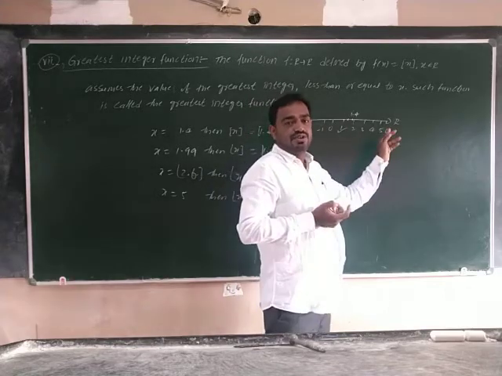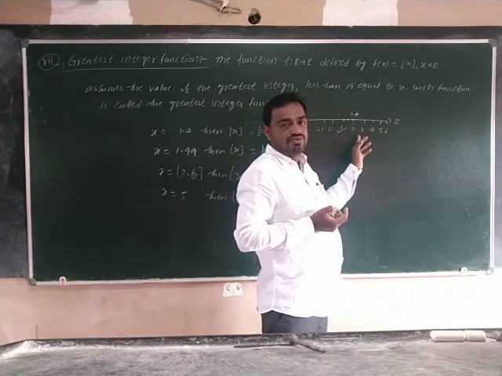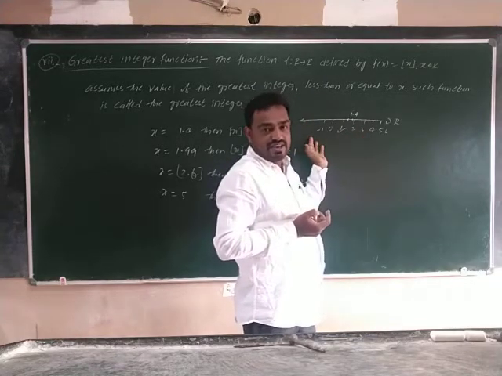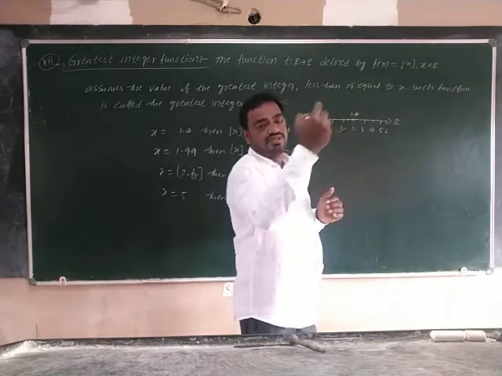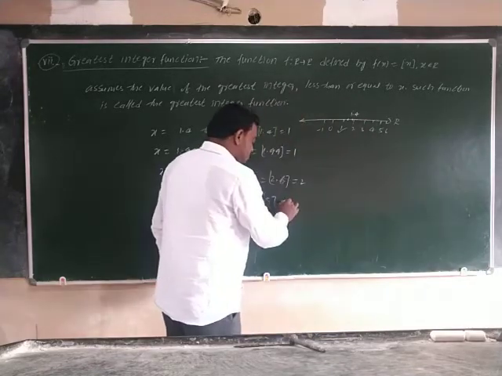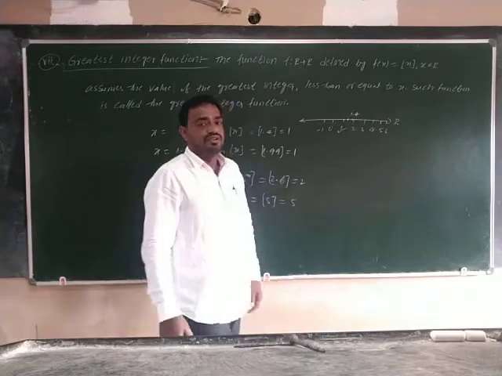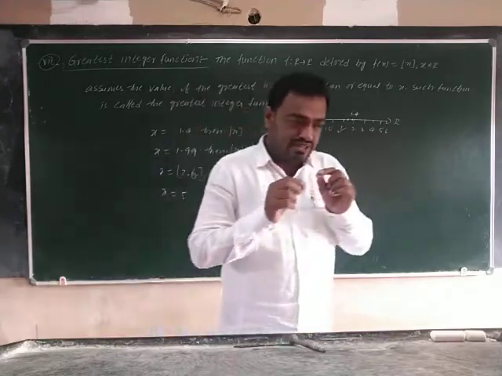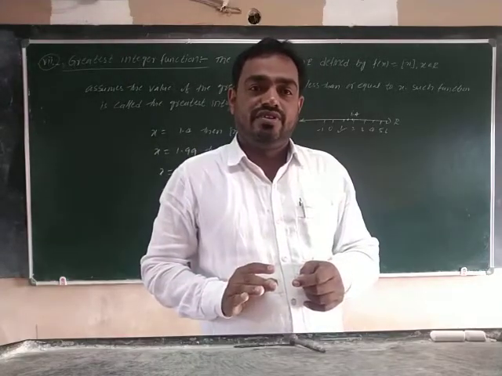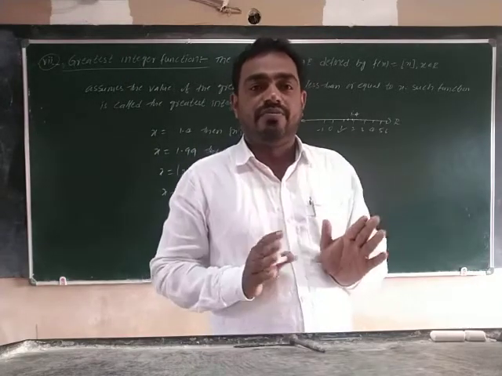What are the integers? 5, 4, 3, 2, 1, 0, and so on. These are all less than or equal values. In that, which is the greatest? 5 is the greatest. So this is equal to 5. Understood? The greatest integer of any integer gives the same integer.